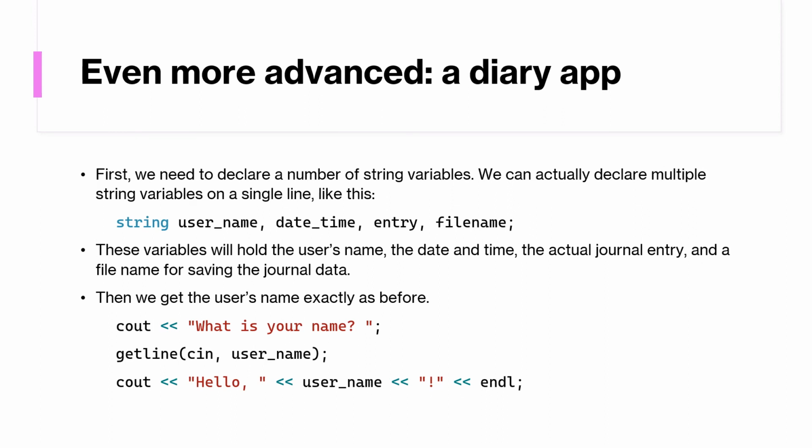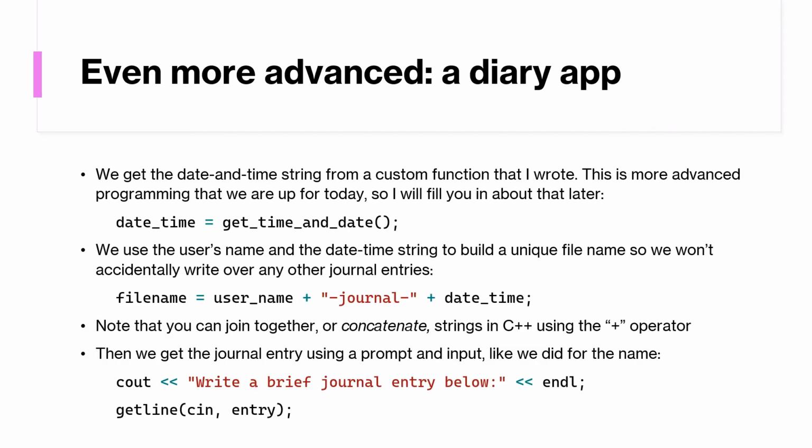Then we're going to get the user's name exactly as we did before, nothing new there. Then we get the date and time string from a custom function that I wrote. This is more advanced programming than you know what to do with today, so I'm going to show it to you in this presentation, but I'm going to fill you in about how to do it in a few lessons down the road.